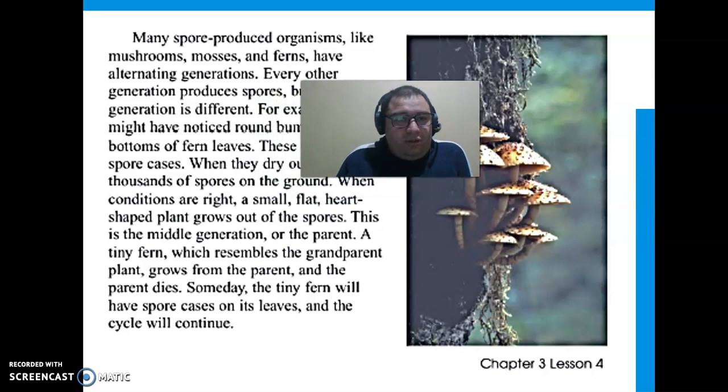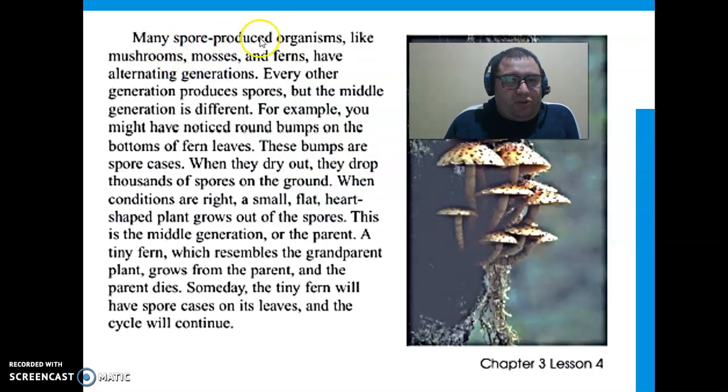In conclusion, many spore-producing organisms like mushrooms, mosses, and ferns have alternating generations. Every other generation produces spores, but the middle generation is different. For example, you might have noticed rounds of bumps on the bottoms of fern leaves.